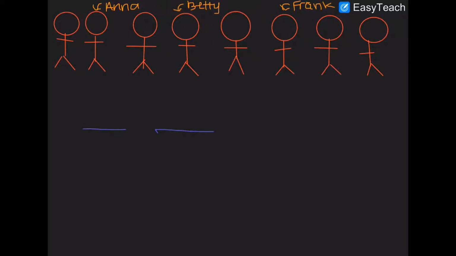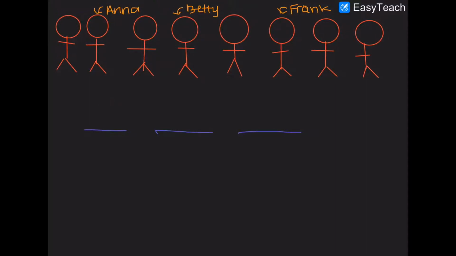Let's say we have 3 spots. We have 8 people that we can pick to put in this first spot. So there's just going to be an 8, because there's 8 ways to pick who is first.